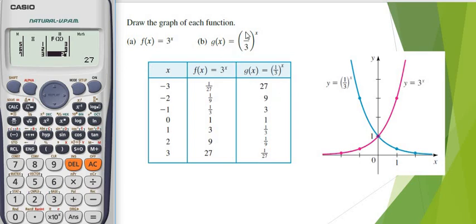Now, for g of x is equal to 1/3 to the power of x. So we'll press AC. And we might as well delete the value 3. And it would be a lot better if we use the parentheses.